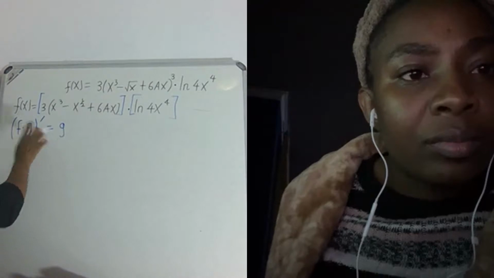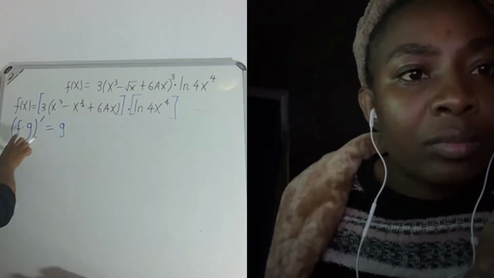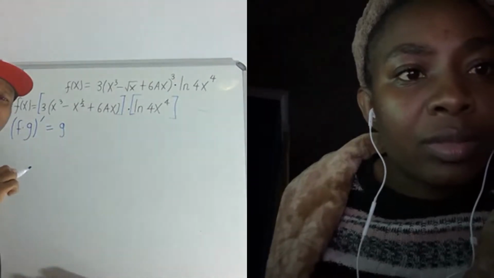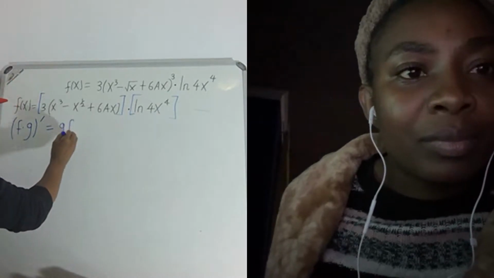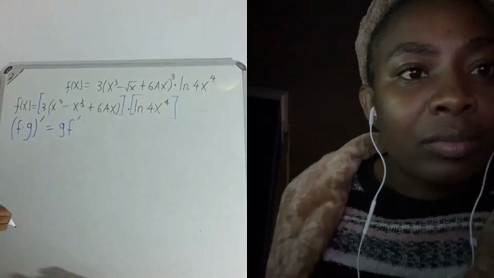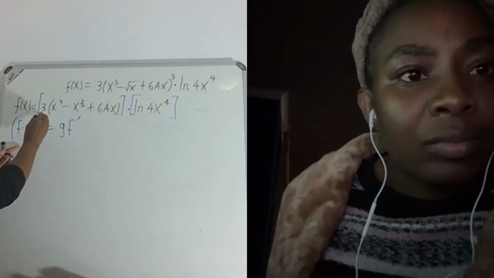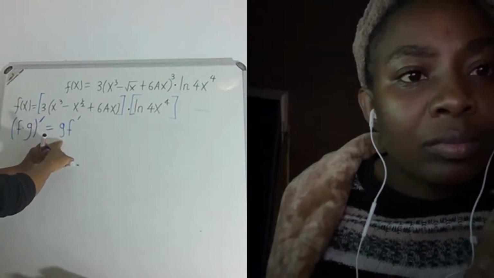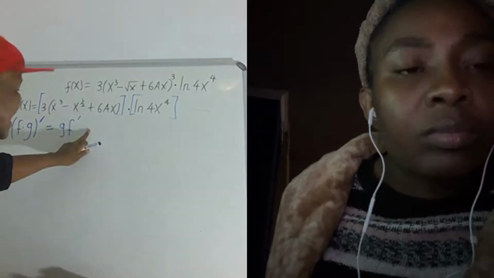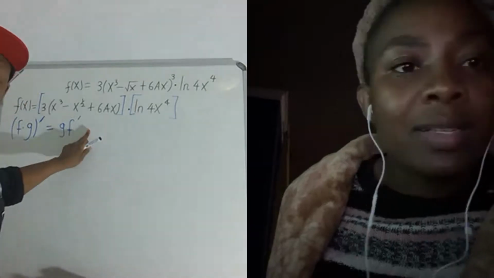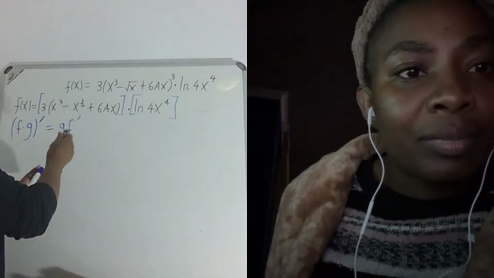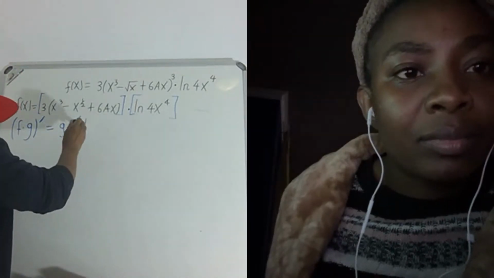Make sure you write this, it's called the product rule. Second one constant, and then we differentiate the first one, so it's going to be f and then g dash. And then which sign do I write here? It's going to be plus.